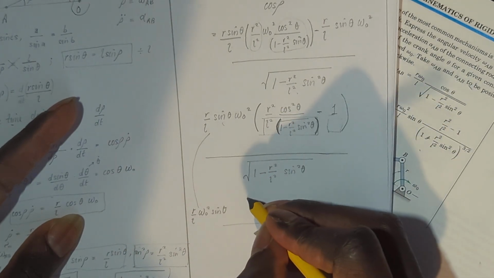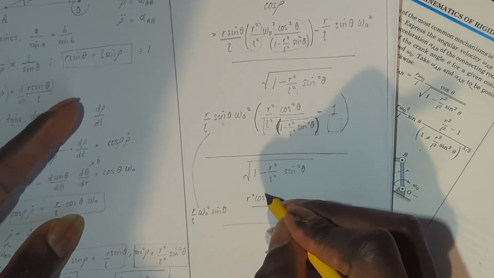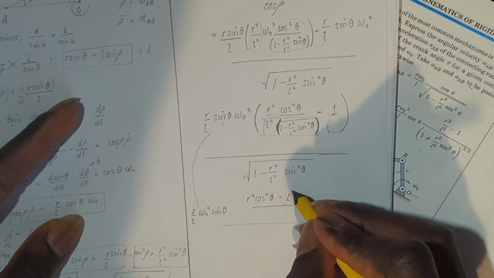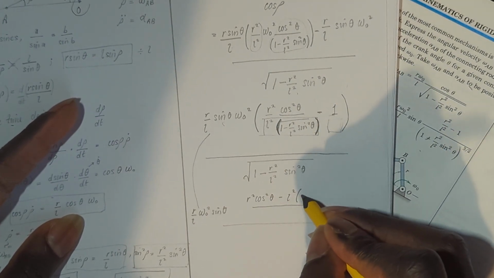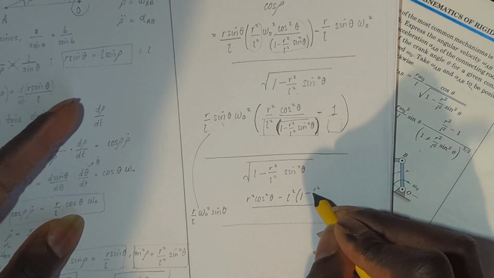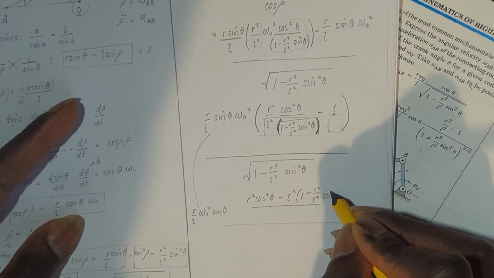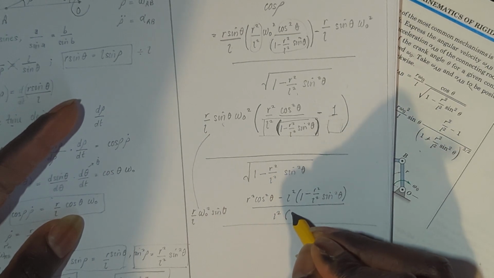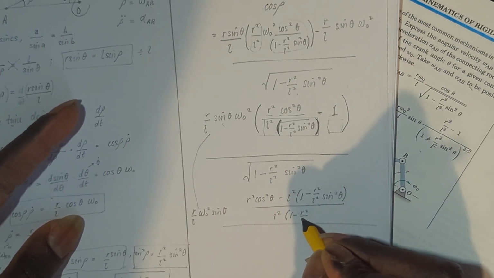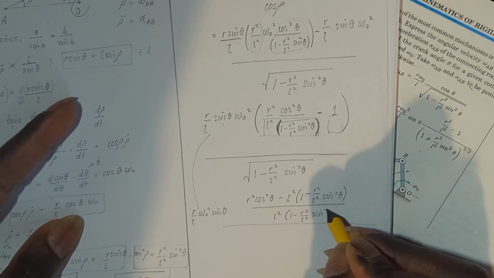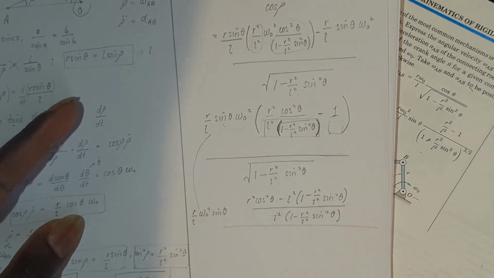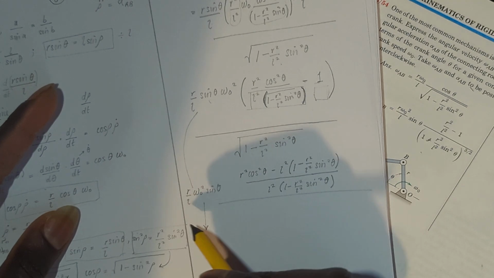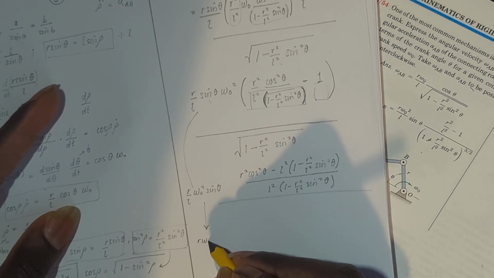Okay, this line will be r squared cos squared theta minus, this would be L squared into what? 1 minus r squared over L squared sine squared theta, divided by L squared times 1 minus r squared over L squared sine squared theta. If I'm to expand this, just this bottom, I would keep this again, so I don't want to write this again. Okay, let me just write it, not being lazy.